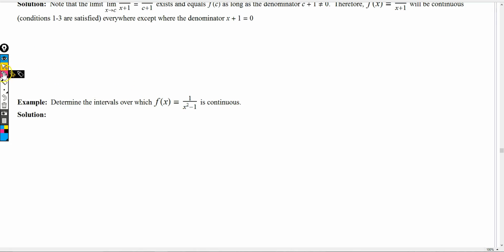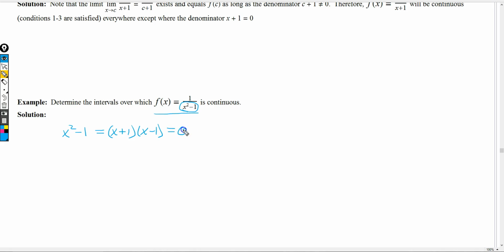So let's determine the intervals over which this function is continuous. Alright, so all we have to do is find where the denominator is 0. That's where our function will not be continuous. We'll do that first. So if we set x squared minus 1 equal to 0, now before we do that, note that this factors as x plus 1 times x minus 1.